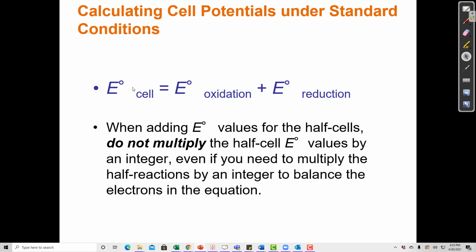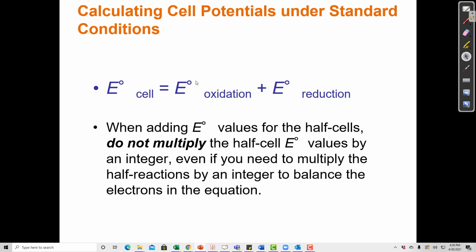So to calculate the cell potential under standard conditions, we have to add the potential of the oxidation half with the potential of the reduction half. So I can look up the reduction potential in a table. I look for the number that's bigger, and that's my reduction potential, and I put that in here.